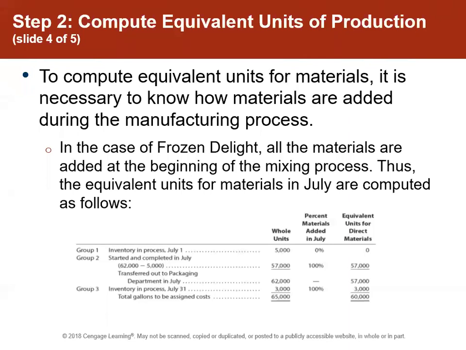And then ending inventory, well, again, materials were added at 100%. So those 3,000 units in ending inventory don't need any more materials added to them. We've already added them 100%. So they're 100% complete. So for materials, our total gallons to be assigned costs are the 57,000 we started and completed, plus the ending inventory of 3,000. So equivalent units for direct materials is a total of 60,000.